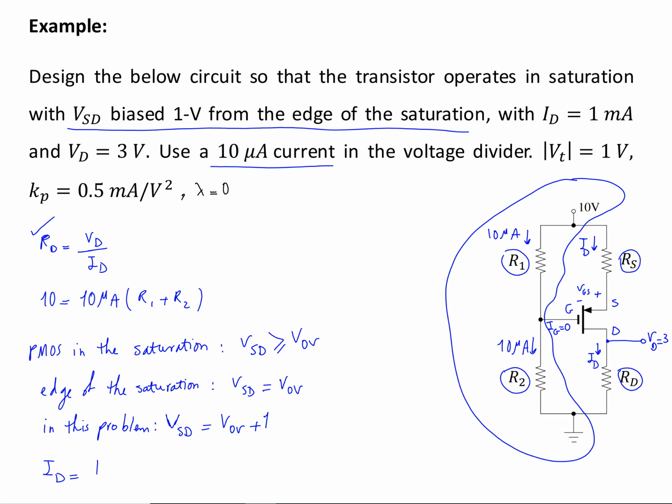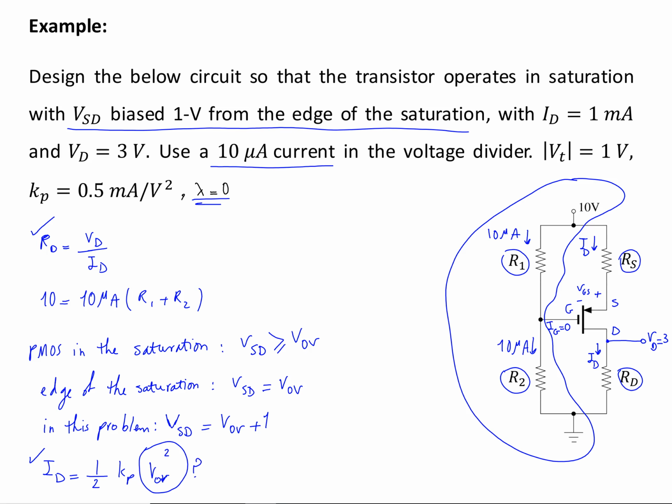ID is equal to 1 over 2 Kp V overdrive to the power of 2. This is the current equation for the MOSFET when it operates in the saturation region, and lambda is equal to 0. In this equation, the value of ID is known, the value of V overdrive is not known, so I can calculate V overdrive.